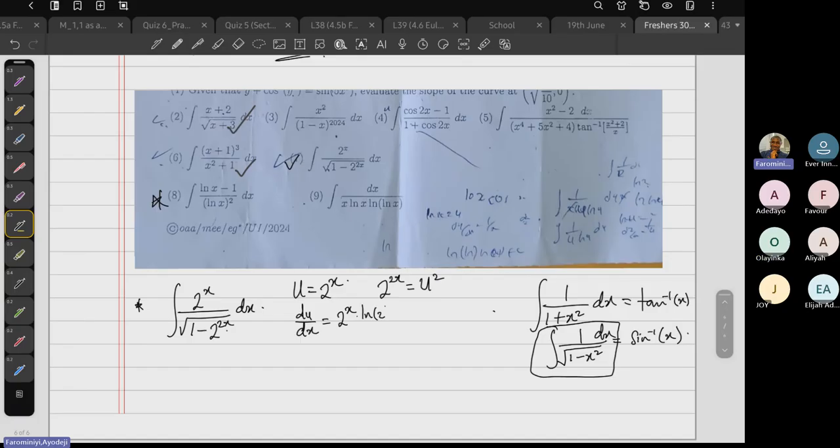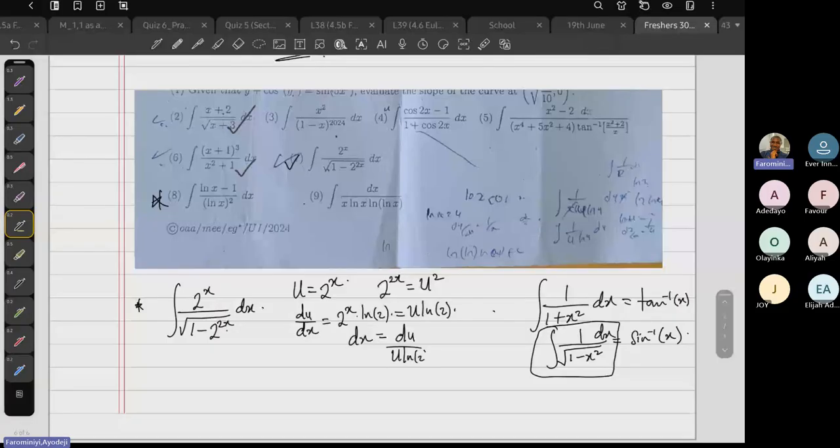So if U is equal to 2 to the power of x, then 2 to the power of 2x is U squared, and du dx is 2 to the power of x natural log of 2. Then we can rewrite that as 2 to the power of x, but 2 to the power of x we said is U, so that is U ln 2. So it means dx is equal to du over U ln 2.